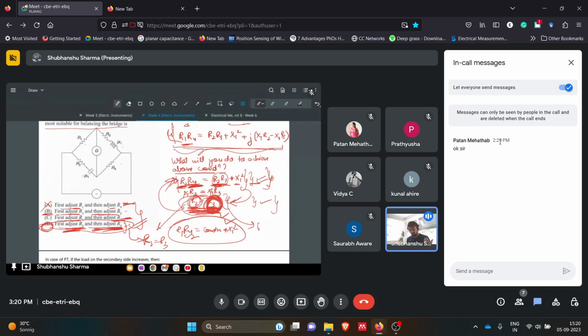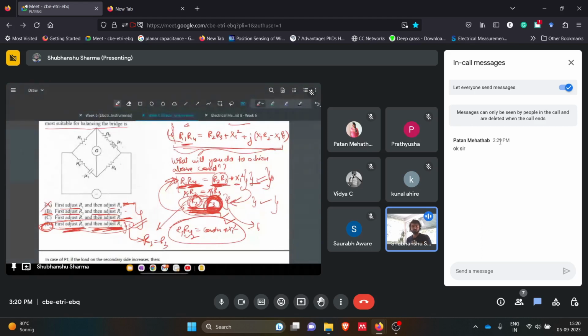This is completely based on what type of balance equation you are getting, and on the logic which you are applying in these kinds of questions. There may be some other type of bridge where you have to adjust some other parameters in order to achieve the final balance condition. So just think of how, with minimum adjustments, you can get the maximum results.